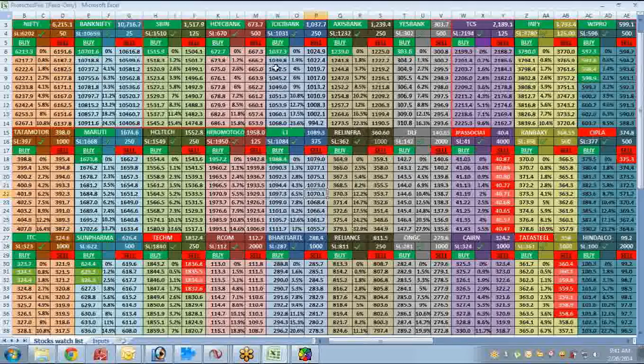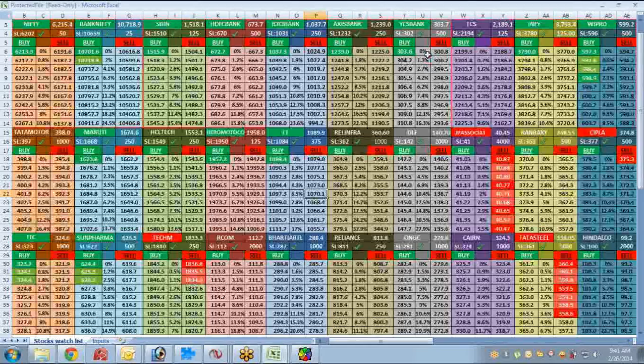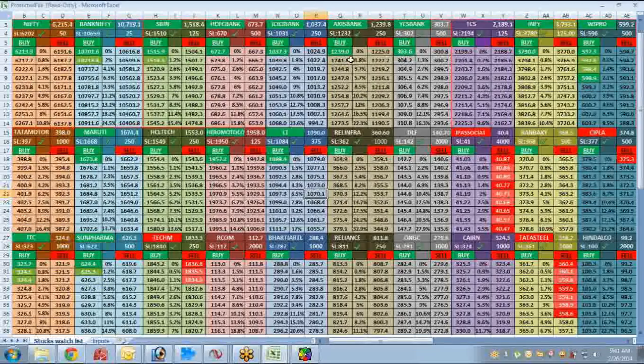So now the whole of banking pack is in green. You got buy calls in SBI, HDFC, ICICI, Axis, and Yes Bank. See, the idea of having different sectors or industry domains is that on days like this, when the Nifty is in good shape and Bank Nifty is up, rest all banking scripts also will be in green.